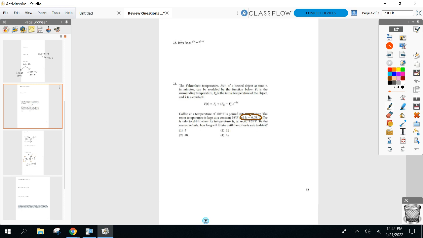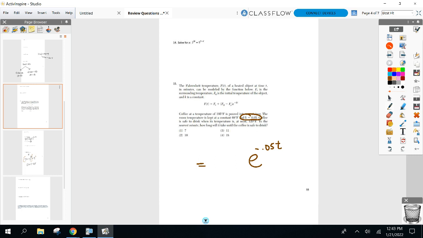The first thing I always figure out is what variable I am solving for. Because if you're going to tell me to solve for T, I have to plug in for everything else. T can be the only thing not plugged in for. So I'm going to plug in for E, and they tell me K right here, so that's negative 0.05 T. All good? I've got this F of S, and I look through here.